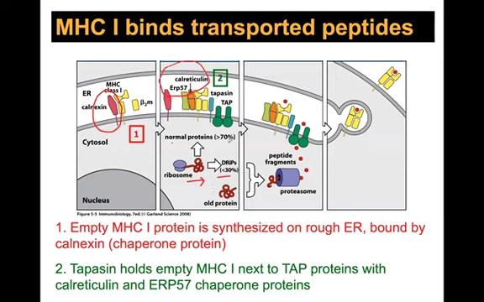But you also have normal proteins, and generally these are older proteins or proteins that are being downregulated that have been labeled with ubiquitin. Remember, under inflammatory conditions, you don't have to have ubiquitination, and so really anything that's in the cytoplasm can be transported.